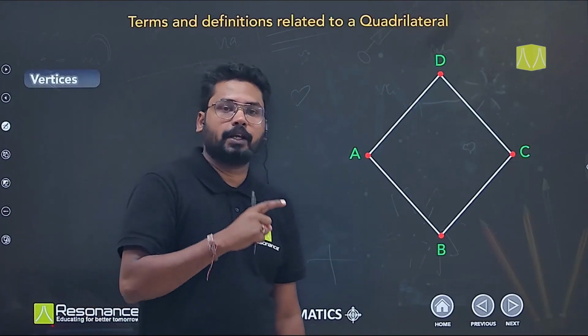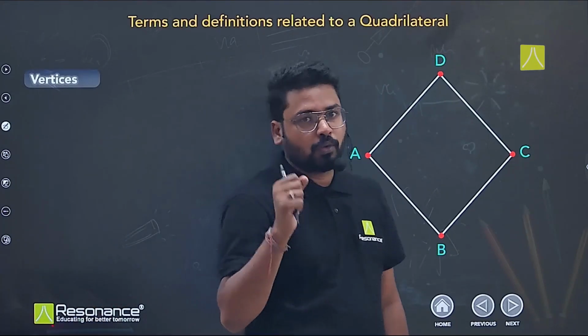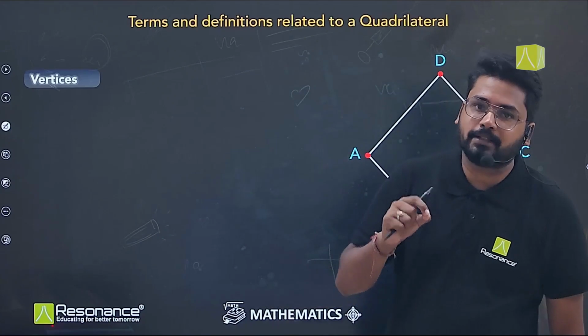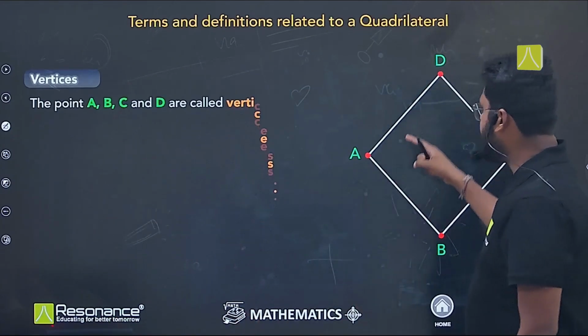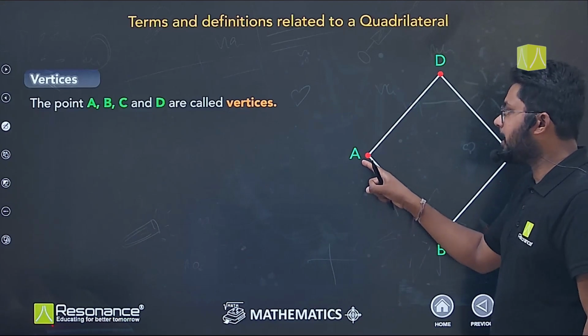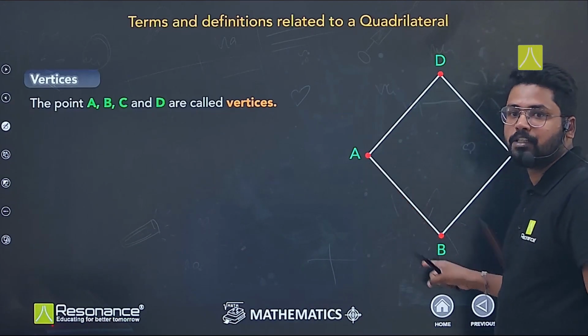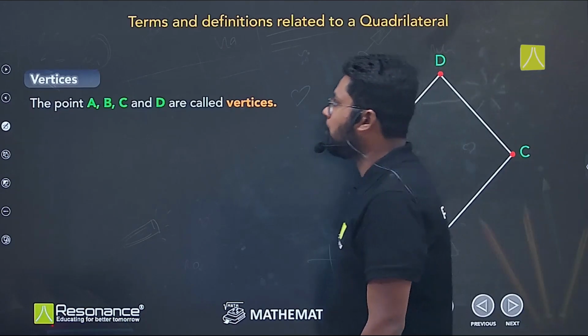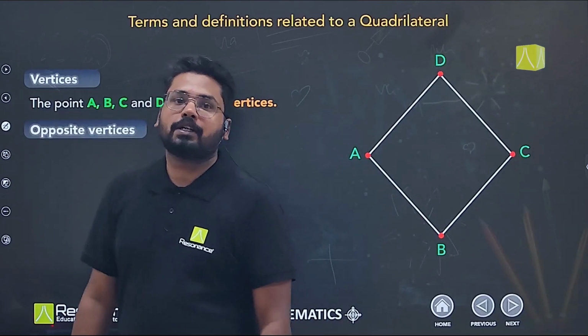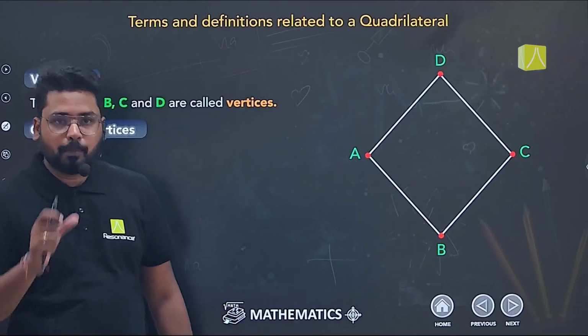Now we start the terms and definitions related to quadrilaterals, where all the segments intersect at their respective points. Like AD and AB intersect at point A, so A is a vertex. Another one is B, and the same goes with C and D. So all these points are called vertices. Now the second term is opposite vertices.